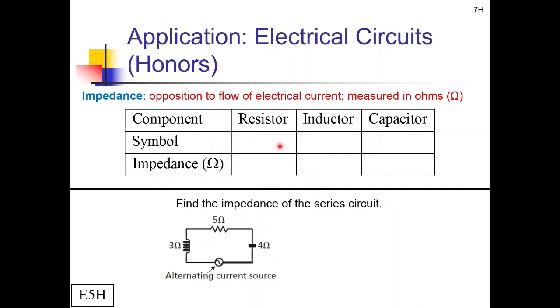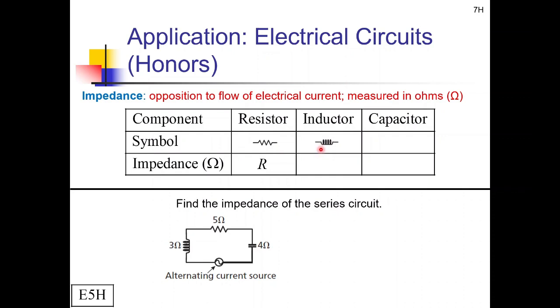So for the resistor, the symbol for that is this little squiggly sort of Charlie Brown looking thing here. And the impedance for that is just going to be a real number, like a 2 or 7, like whatever the ohms is here, it's just that number. Now inductors, those are represented by this little squiggly sort of spring-looking thing.